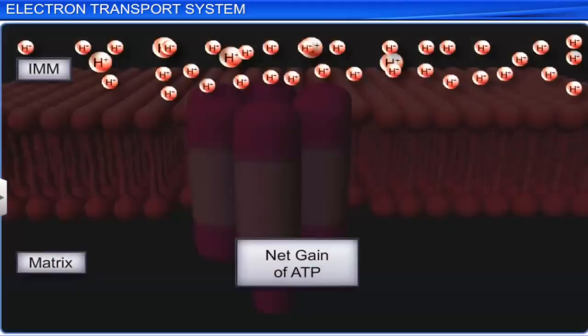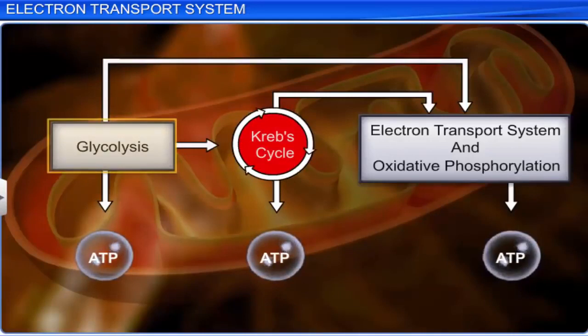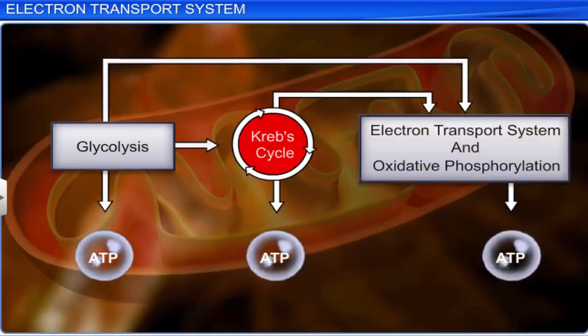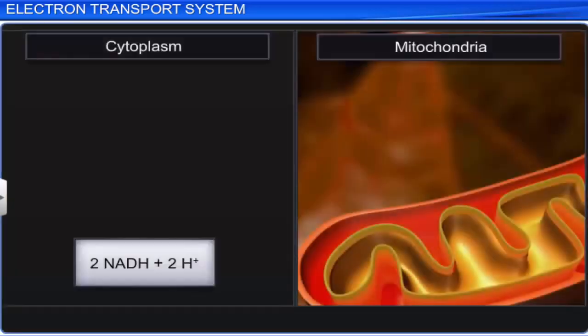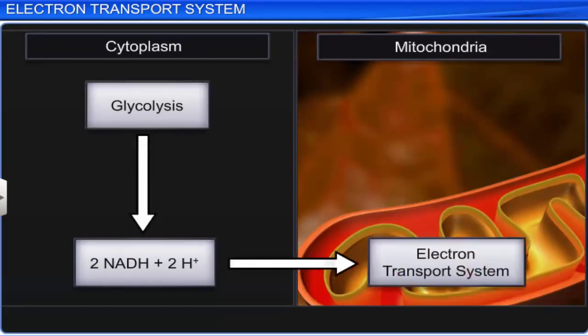The net gain of ATP produced during aerobic respiration can be calculated based on the assumptions that the glycolysis, Krebs cycle, and ETS take place in sequential order. NADH + H+ produced during glycolysis is transported into mitochondria for oxidation.